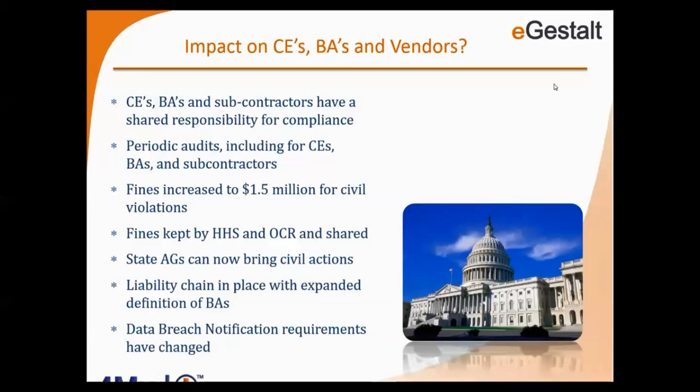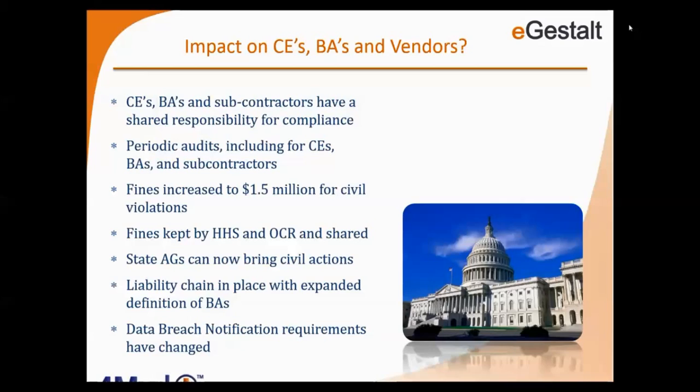And one of the things I've noticed since the Omnibus regulation was passed, or update was passed, is that there's a lot of confusion about what the BAs are responsible for versus what the covered entities are responsible for. And essentially what you're saying here, and I think is very important to repeat, is that all of these stipulations apply across the board now.